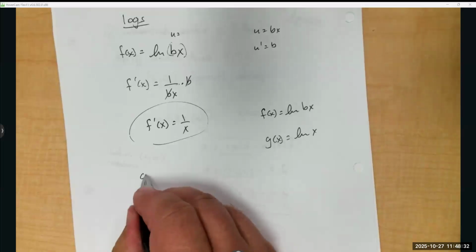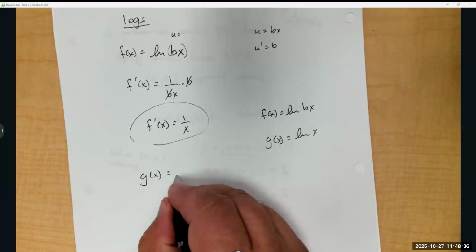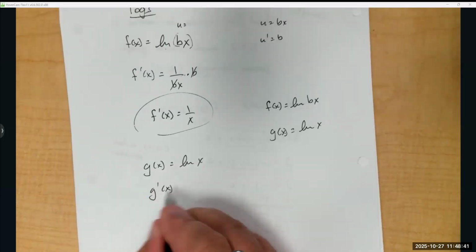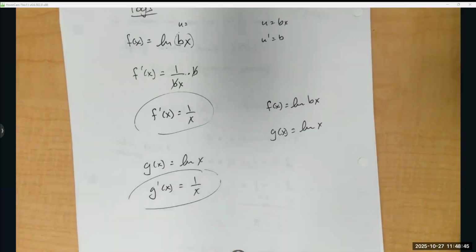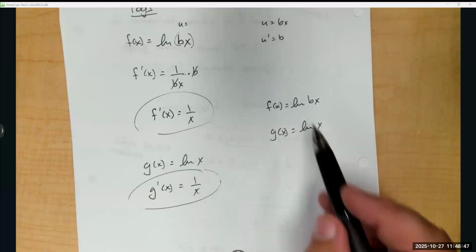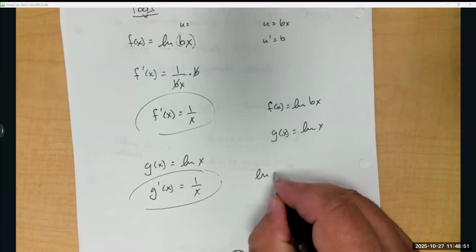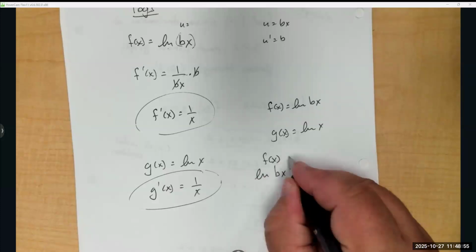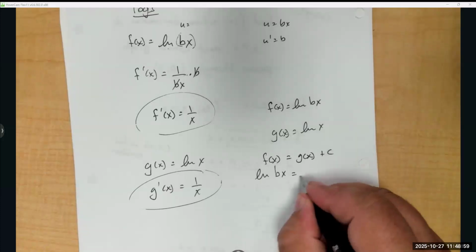What's the derivative of ln x? G prime is equal to 1 over x. They have the same slope. So how are they related? f of x is equal to g of x plus c.